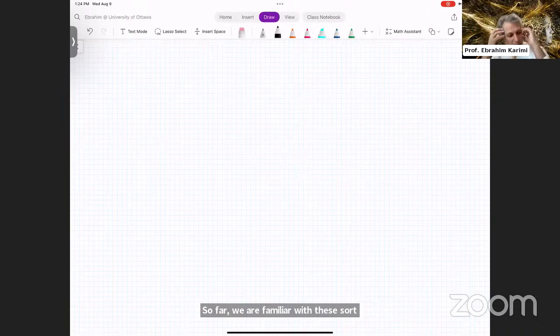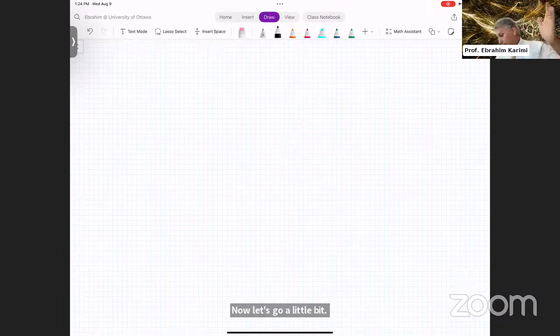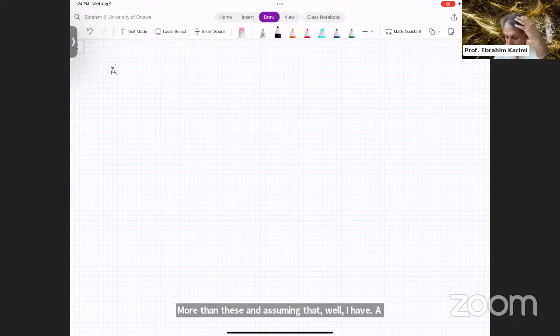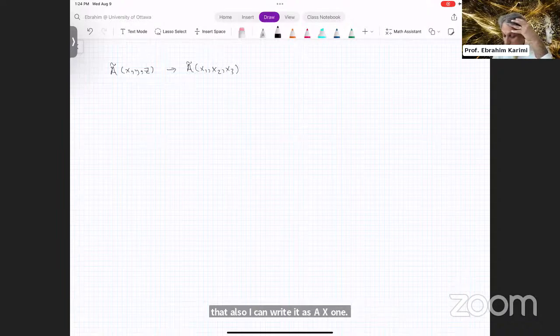Now let's go a little bit more than this, and assume that I have a vector, let's say A, which can be a function of X, Y, and Z in the three-dimensional Euclidean space, which means that I can also write it as A(X1, X2, X3), right?